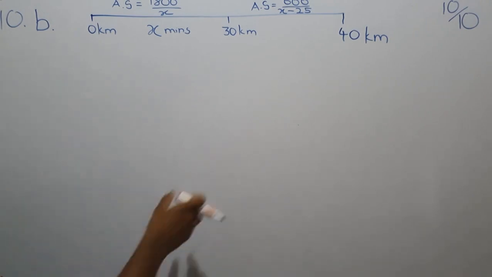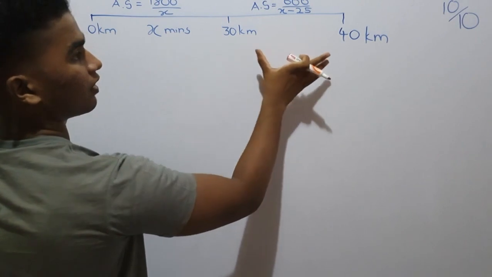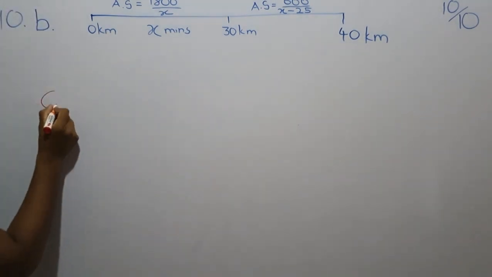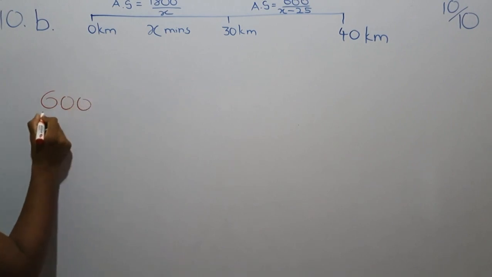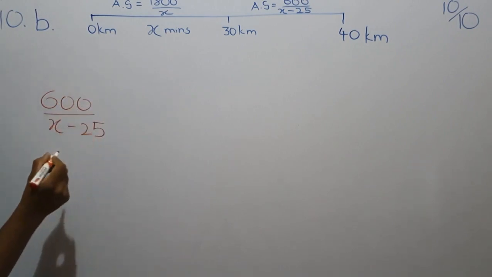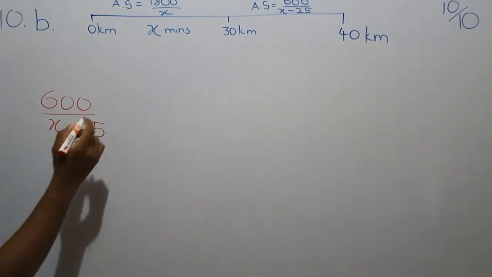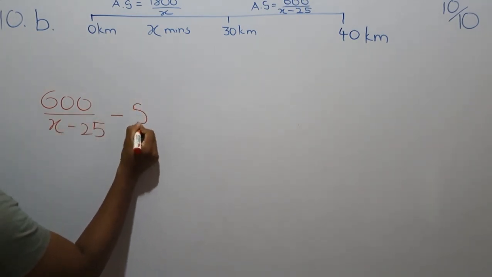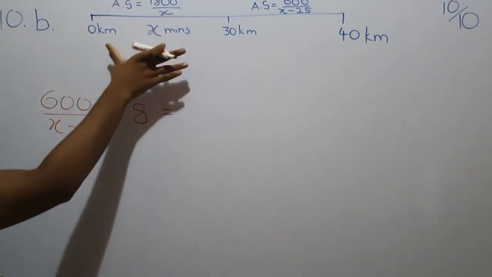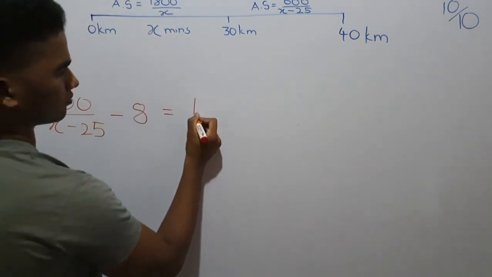So this is the average speed for the final 10 kilometers. That average speed is 8 less, minus 8, than the average speed for the first 30 kilometers.